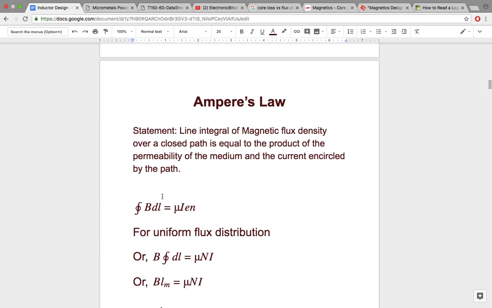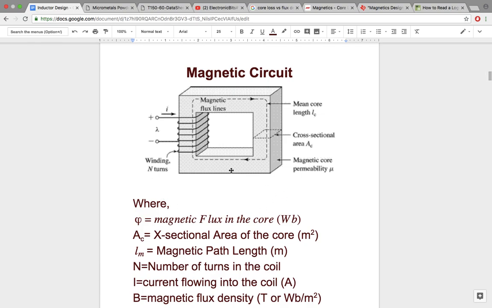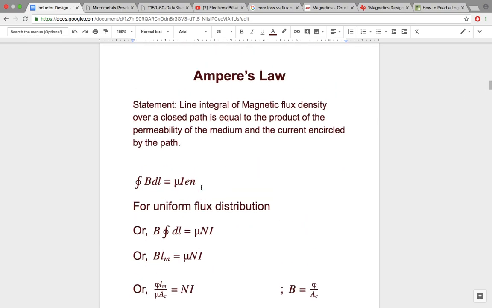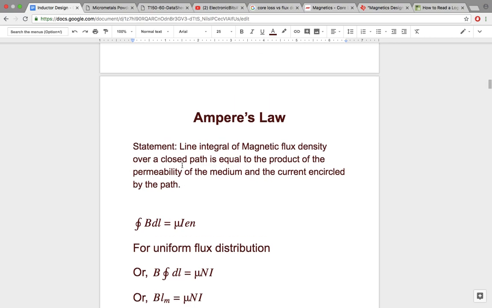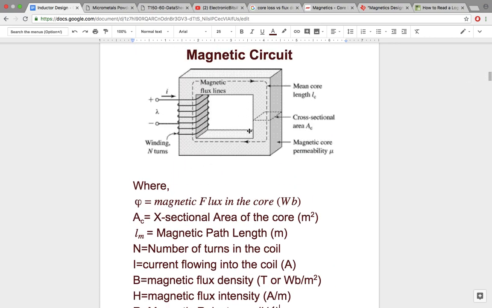To understand the magnetic circuit which we have taken, the fundamental law we can use is Ampere's law. So what is Ampere's law? According to Ampere's law, if we integrate the magnetic flux density over any closed path, it will be equal to the product of the permeability of the medium and the current enclosed by that closed path. In this magnetic circuit, let us consider the closed path denoted by this dotted line.